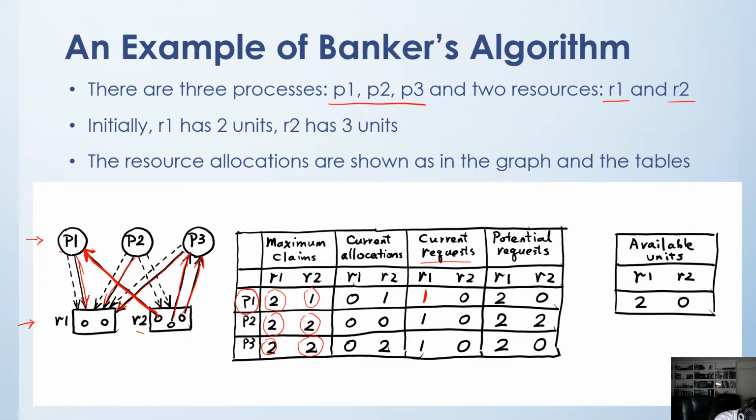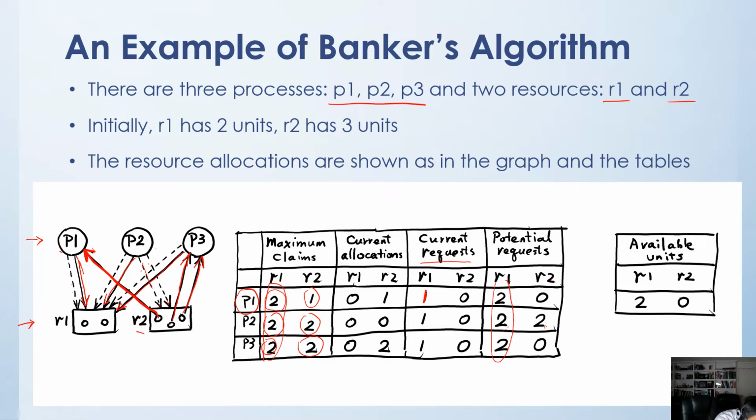And P2 also has a potential request for 2. P3 also has a potential request for 2. This matches that number. Okay. And P2 has a potential request for 2 for R2. So far, both of these are just a claim.